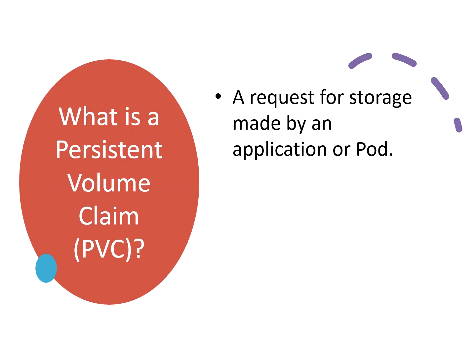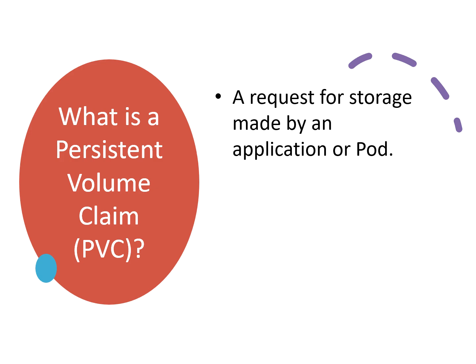Now we'll understand what is PVC, Persistent Volume Claim. PVC is simply a request. It is a request for storage. So applications don't directly use PV. First, they create a PVC and request the amount of storage that they require.